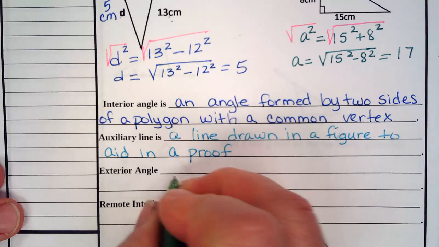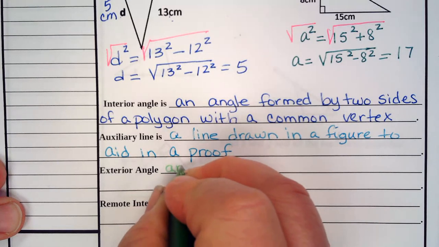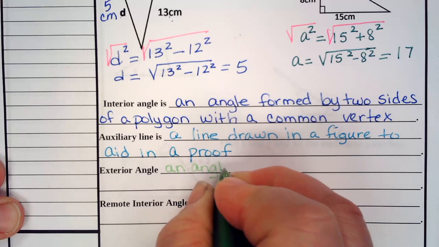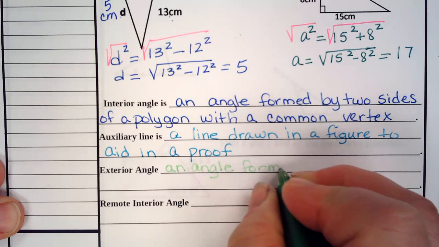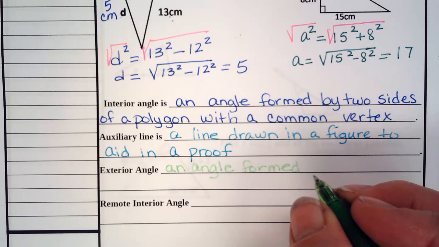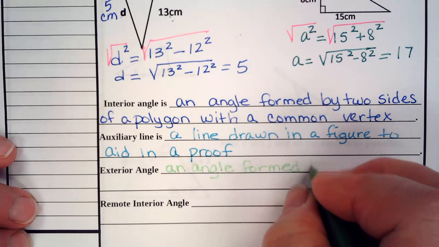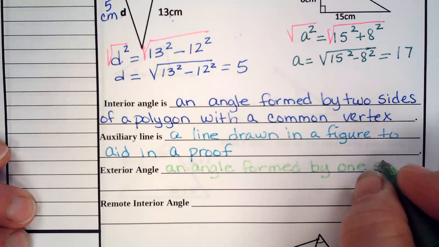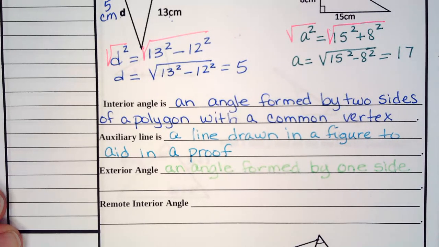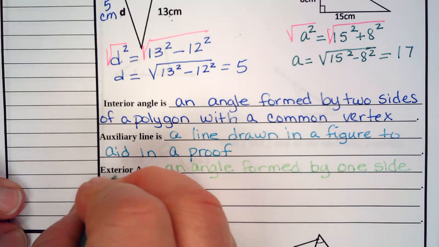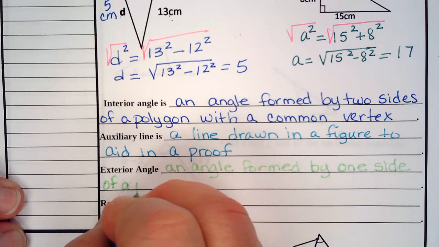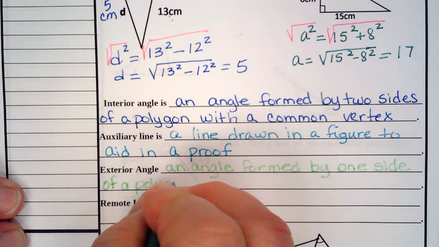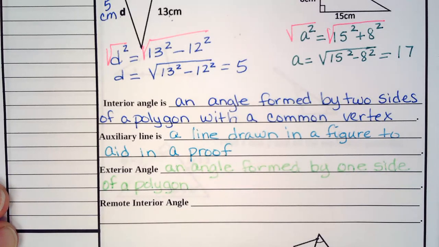An angle formed by one side of a polygon and the extension of another side.